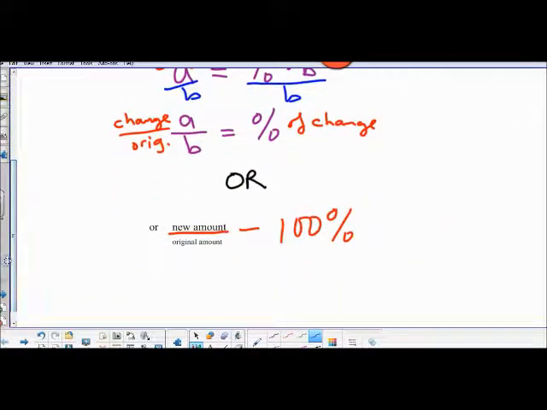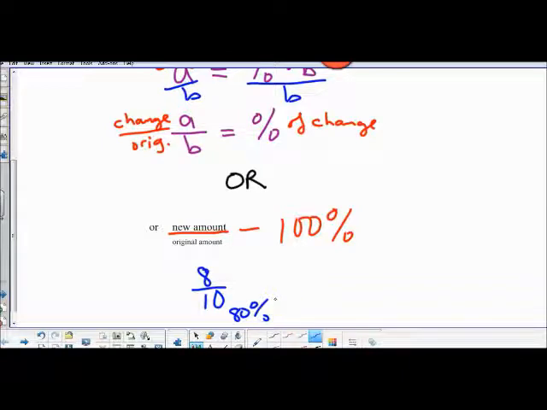Or if I don't have the change, if I just go from the new amount and the old amount, let's say that something was $10 and now it's $8. Well, the new amount is 8, divided by the old amount, which was 10. If I change that to percent, that's 80%. Well, the thing didn't change 80%.